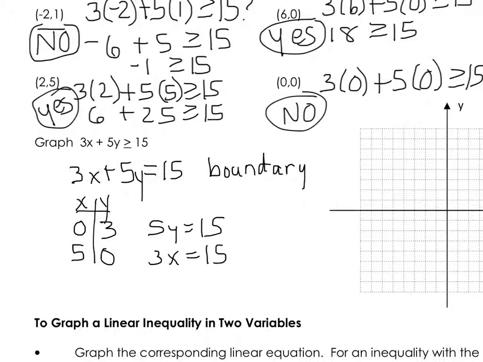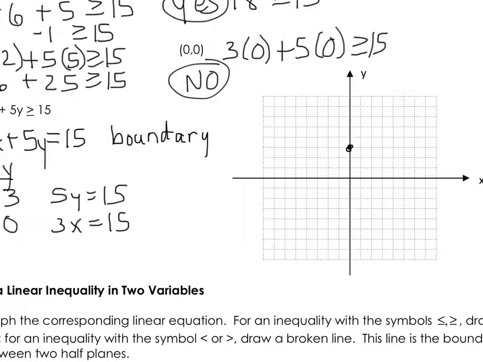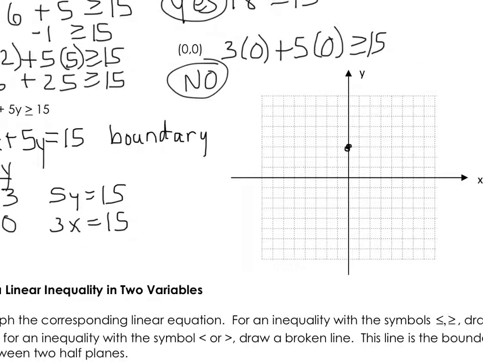So it goes through the points 0, 3 and 5, 0. So this is the boundary. This is where 3x plus 5y actually equals 15.